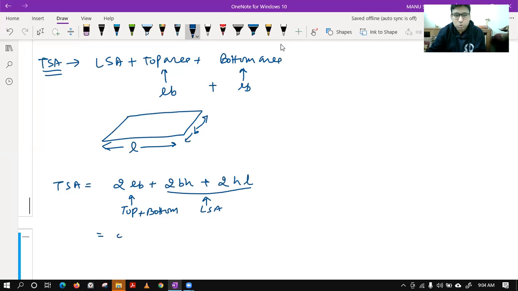The common part is 2 LB plus BH plus HL. If you write like this, it will be easy for you to learn also, because I'm just writing in sequence. It is ending at B, it is starting at B, it is ending at H, starting at H. So it is like a cycle. Twice LB plus BH plus HL. It is the total surface area. That's it. Yashna, clear this part?